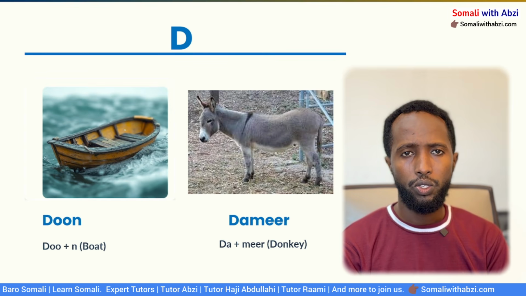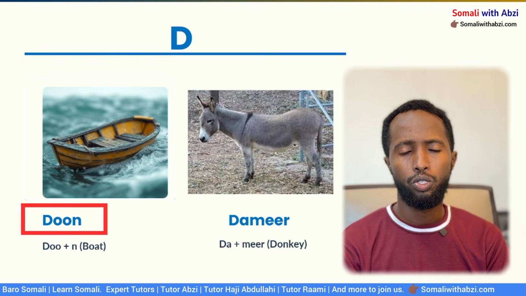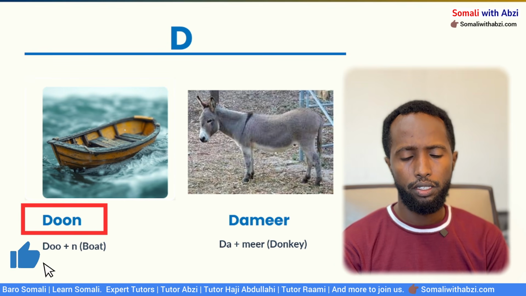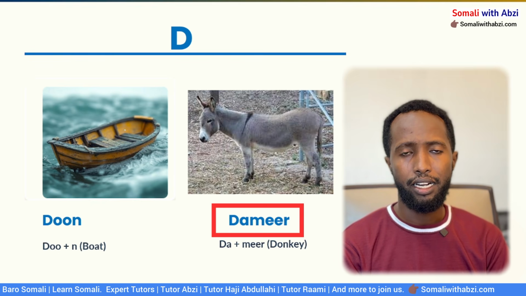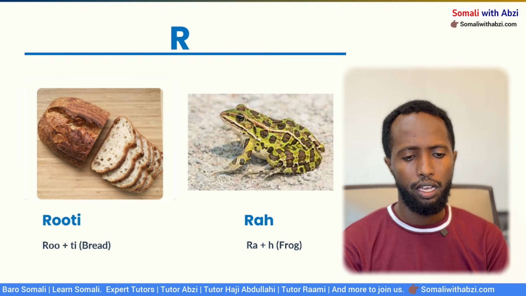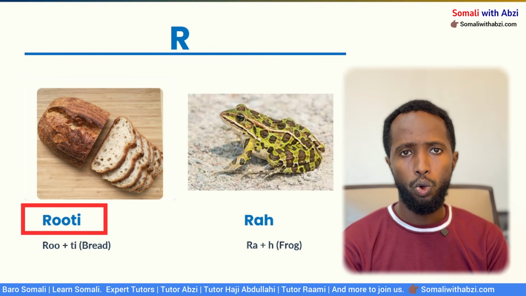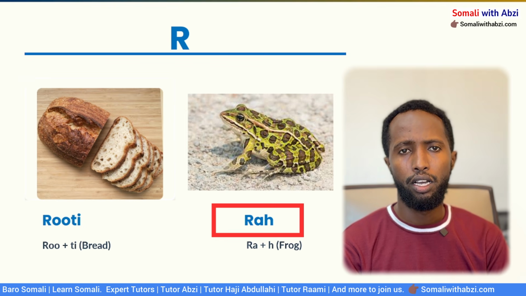The next letter is da. Da. We have got the word dun, dun, damer, damer. And now let's see the letter ra. Roti, roti. And also we have rah, rah.